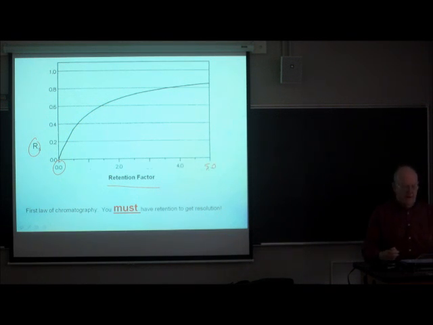But if a retention factor was bigger than, say, 10, it would be within 1% of the horizontal asymptote. There's never a reason to make the retention factor of a compound bigger than 10 in terms of resolution. It doesn't help.